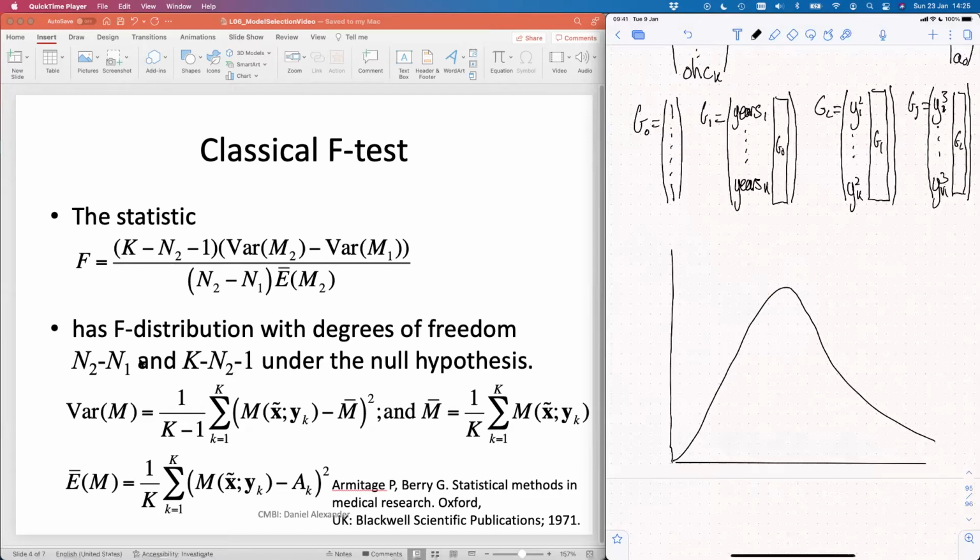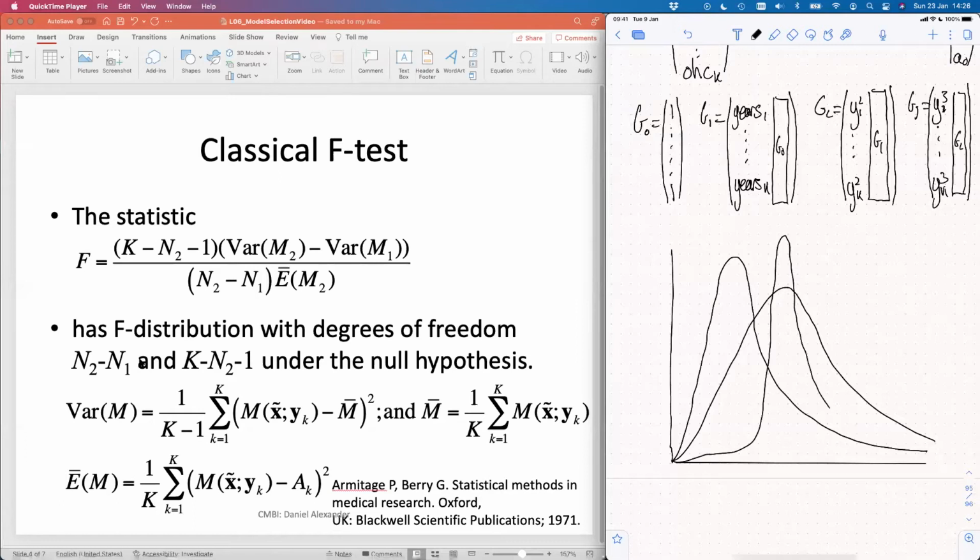But as these two degrees of freedom vary, they control the position of the peak, how far away it is from the origin, as well as how peaked the distribution is around its maximum value. So it can take a family of shapes, and those precise features are controlled by these two degrees of freedom parameters.